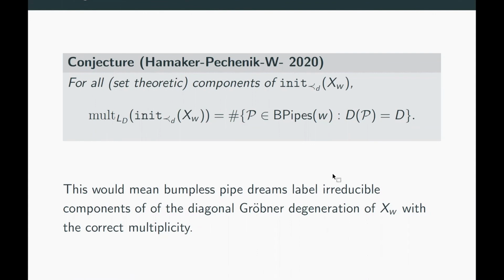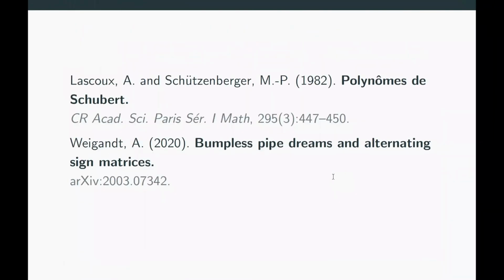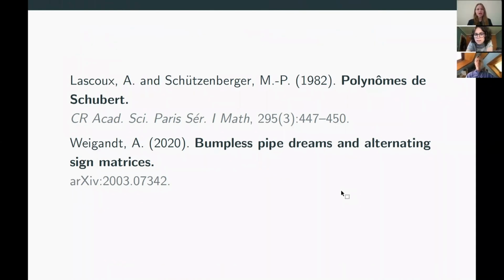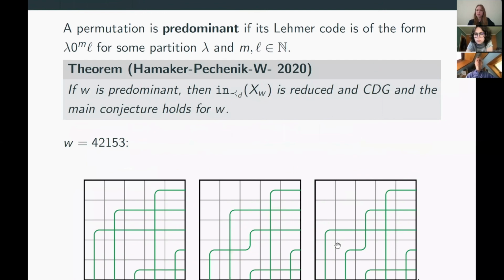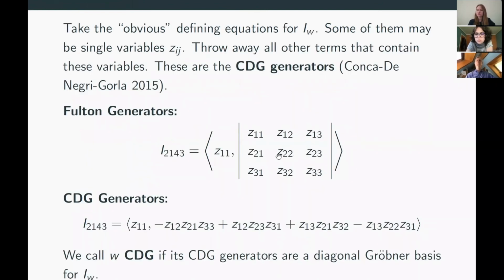And do you have any description of such permutations, like pattern avoidance or something like that? I'm not sure about pattern avoidance for those, but there was this class that I brushed by, CDG permutations, which use certain modifications of Fulton's generators.